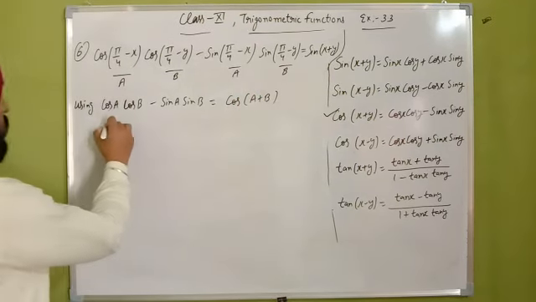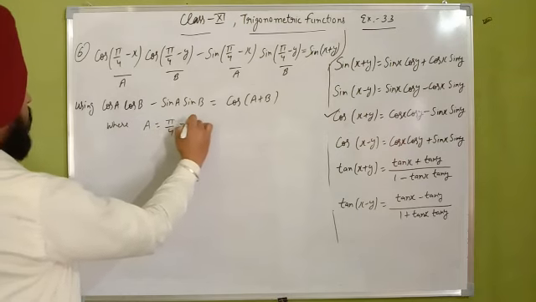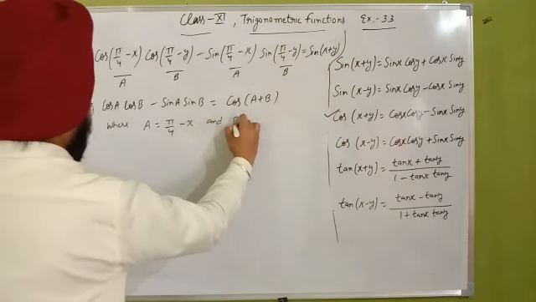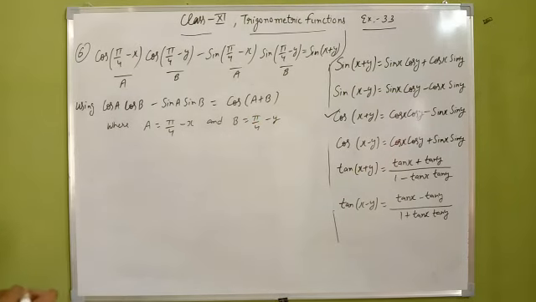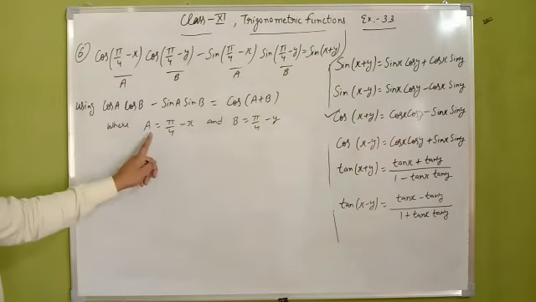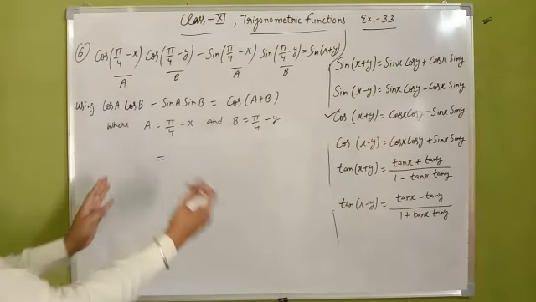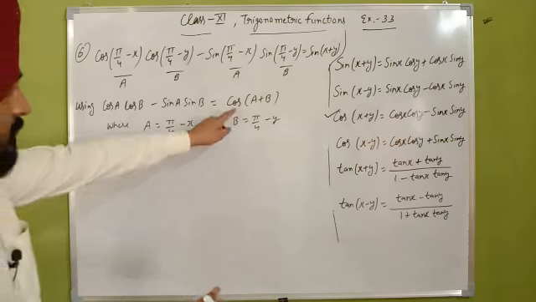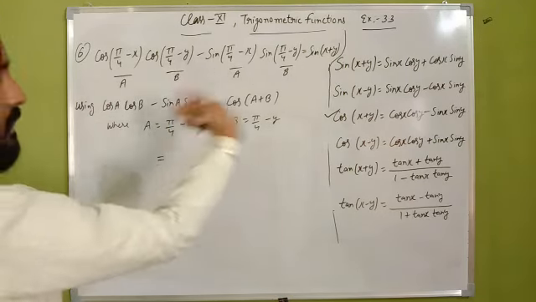Where the value of a is pi by 4 minus x, and the value of b is pi by 4 minus y. So we simply have to put the values of a and b in the identity. I am writing the right hand side directly, because the left hand side is already given, so we have to write the right hand side only.